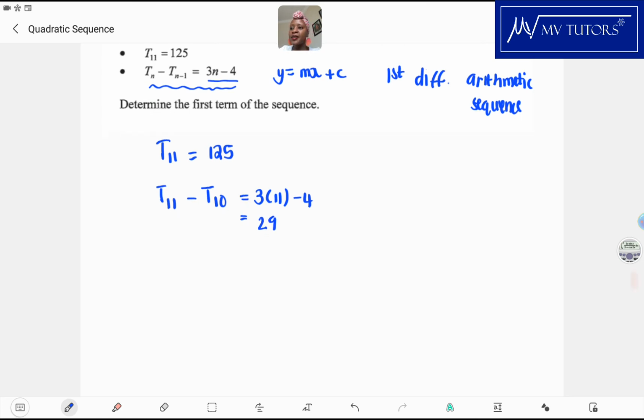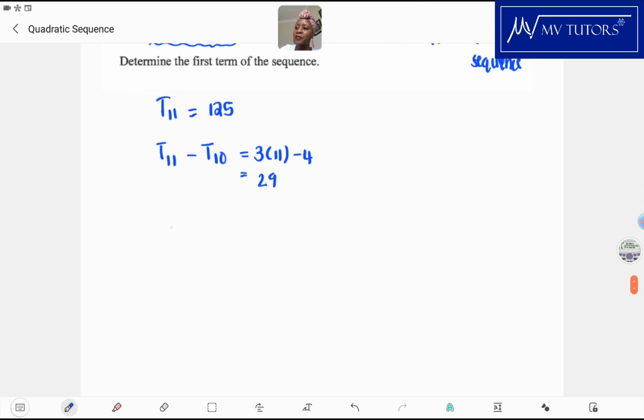Okay, so basically if I have my 10th term here and I have my 11th term there, maybe let's also see the 12th term. Okay, if I were to get whatever that 10th term is, I know the 11th term is 125.